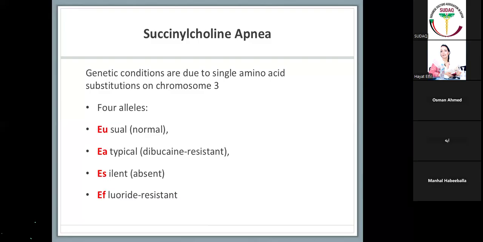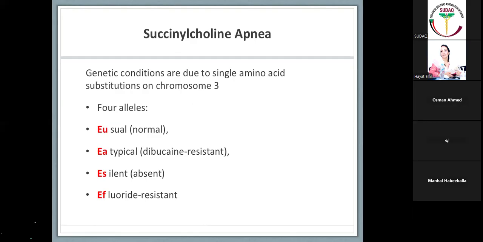The genetic conditions are usually due to a single amino acid substitution on chromosome 3, on the 4 allele. Usually you will hear about EU. U is normal, EA is atypical, ES is silent, EF is fluoride-resistant. You will find them in lots of exam questions.